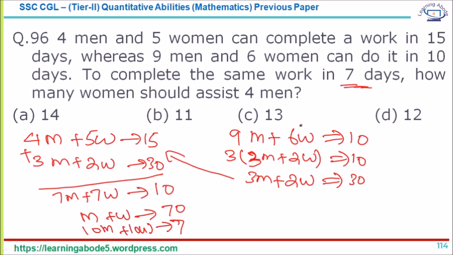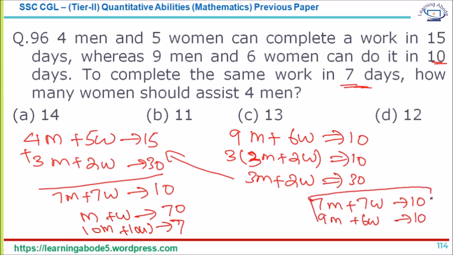Now the other way of now one more relationship here, 7 men and 7 women can do the task in 10 days, and here it is given like 9 men and 6 women can complete a task in 10 days. Now from here what do we get?